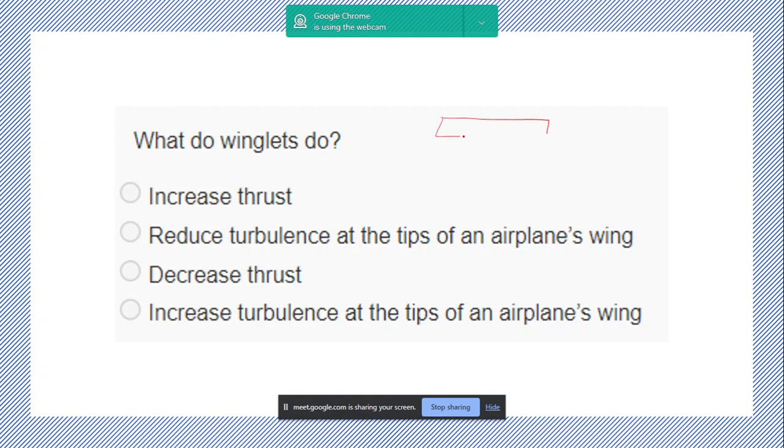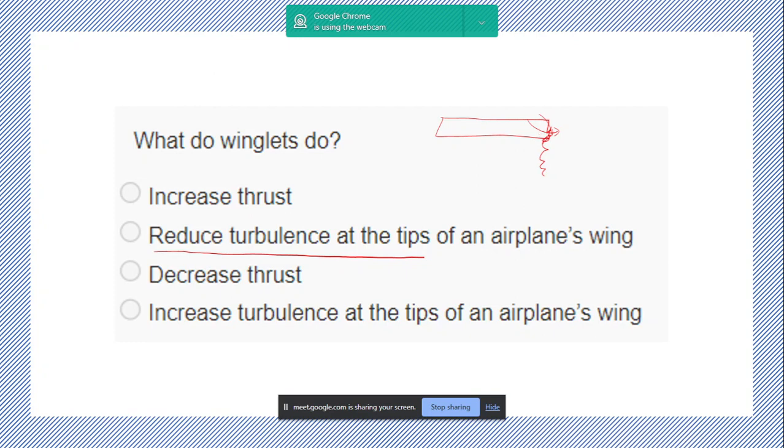If your wing is something like this, the flow coming from below and the flow coming from above interact at the tip and vortices are generated which keep traveling downward with the flow. So there is a turbulence created here. Wingtips, like he said, the curved up edges of the wingtips help reduce the turbulence at the tips. It reduces this interaction or smoothens out the flow.